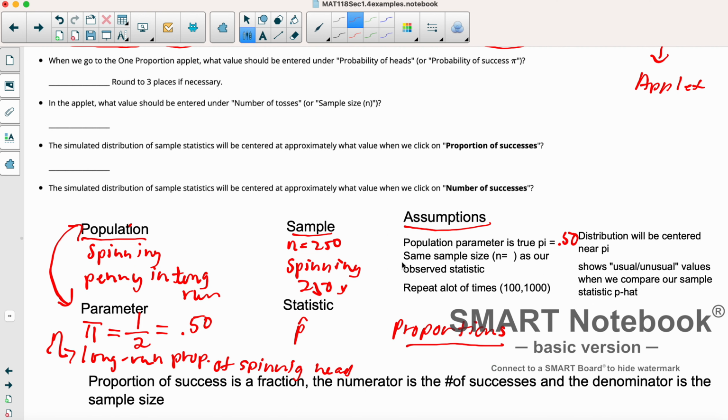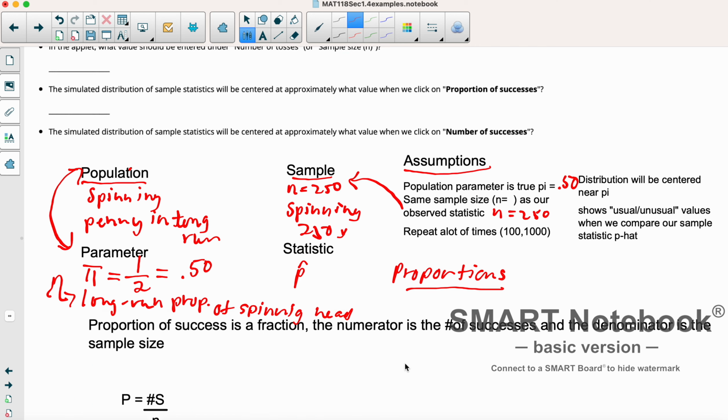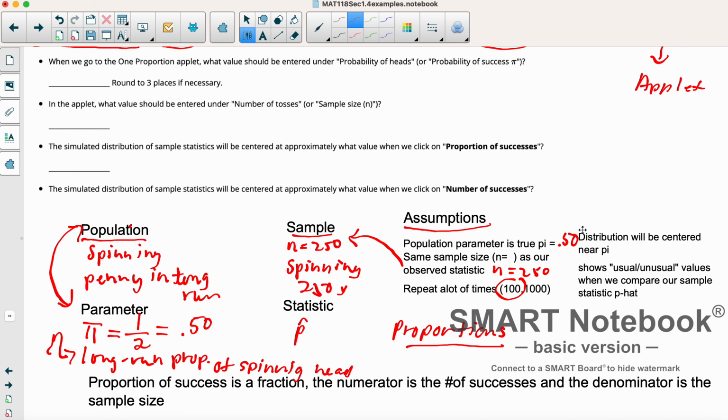My sample size, I want to use the same sample size as in my sample, n equals 250. And then I'm going to repeat it a lot of times. This one doesn't really ask how many times to do it, so you could just do it 100 times. Once we do that, we're going to get a distribution that's centered near pi, approximately equal to 0.5.